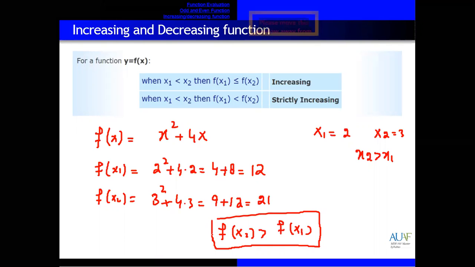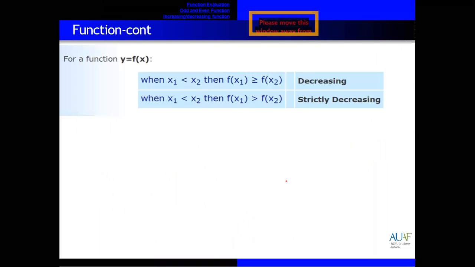The opposite of this is the decreasing function. Same, if we have a function, let's suppose y is equal to 10 minus x, and we select two numbers, x1 value and x2 value. Let's suppose x1 is 2, x2 is 4, such that x2 is greater than x1.